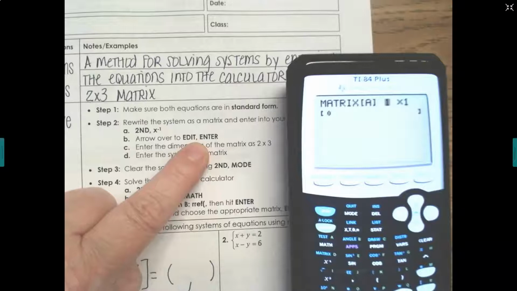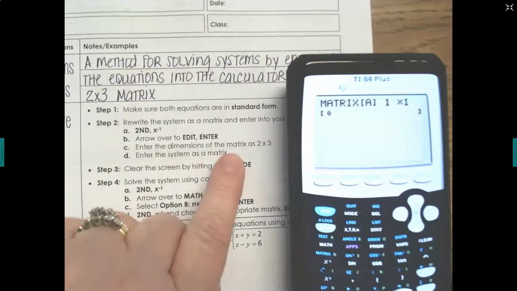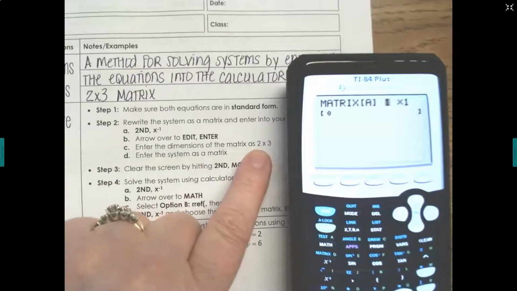Yours might look a little bit different. We're going to enter the dimensions of the matrix as 2 by 3. So instead of 1 by 1, I'm going to say 2, enter, 3, enter. Now I should have 2 rows with 3 columns.